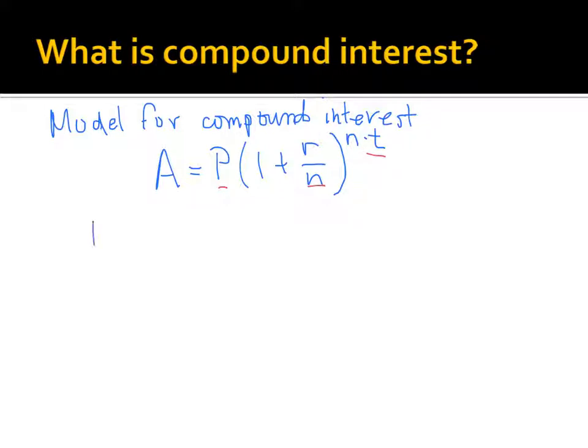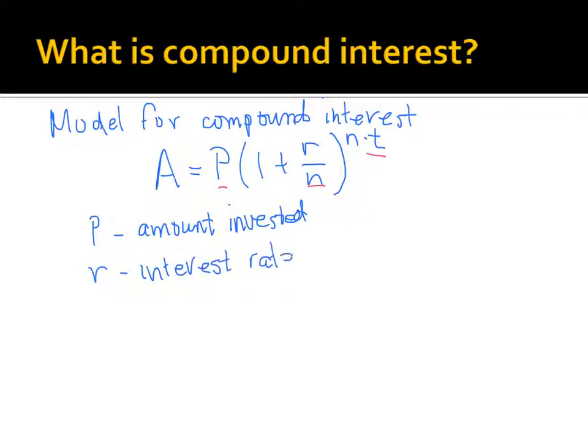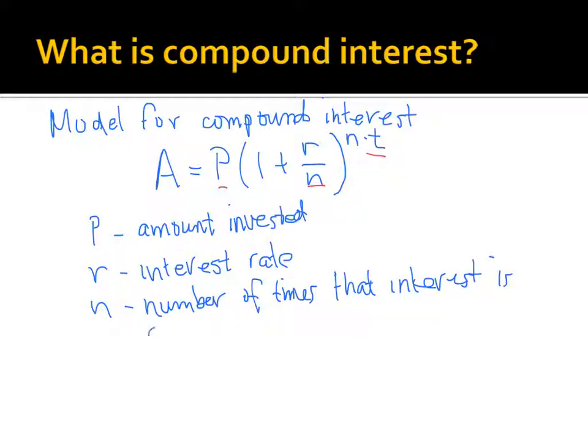So the P stands for the amount invested. The r is the interest rate. The n is the number of times that interest is compounded per year.